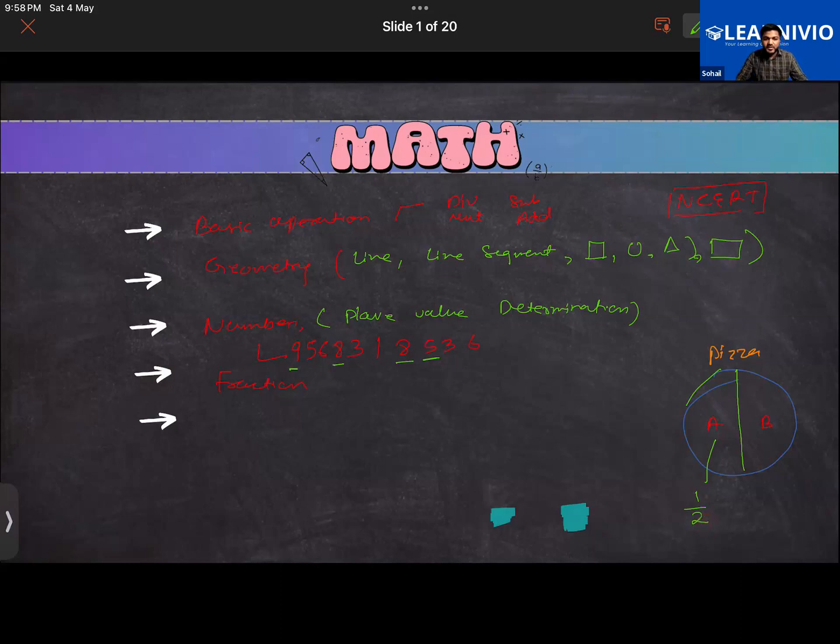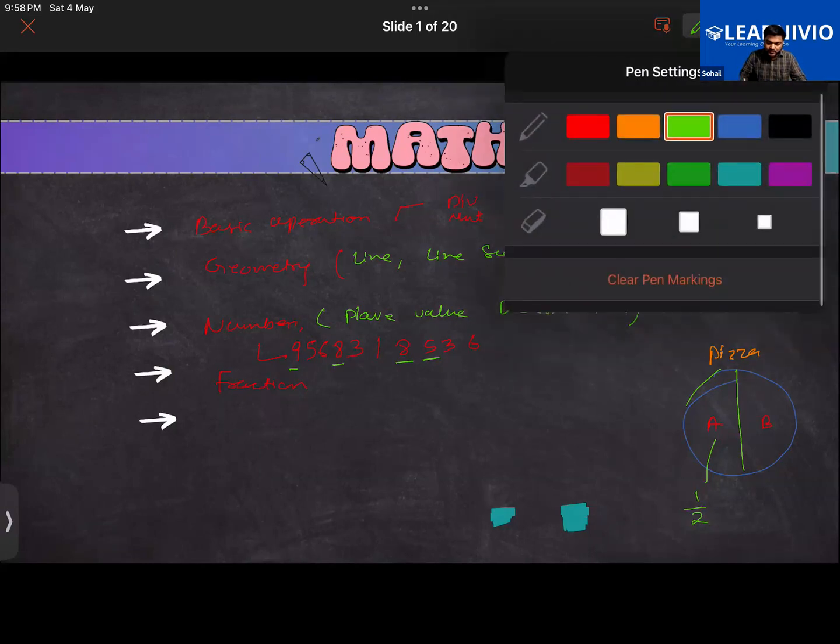What a fraction is. Then under fractions, we also study how we can compare two fractions. For example, let's say I make more slices, and I have now cut it into 4 slices. Say Sumaiya and Ayan are here.